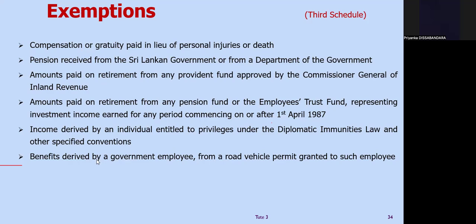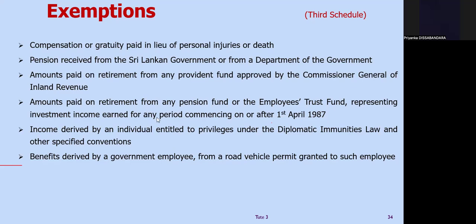The next one is amounts paid on retirement from any pension fund or the employees trust fund. That means ETF. If we receive investment income from the employees trust fund, that means interest income, for the ETF and EPF, that is part of the employees trust fund.